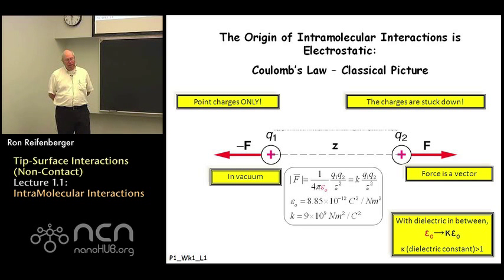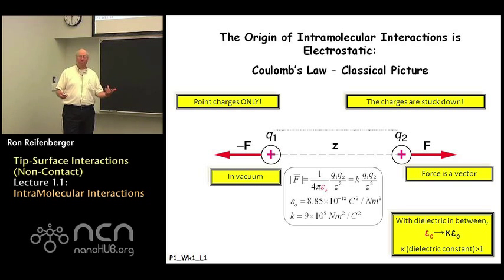These forces can be measured inside of a material or a medium which has a dielectric constant kappa. So if these 2 charges are embedded, let's say, in a liquid or in a solid, the interaction force that's experienced between the 2 charges is reduced by this parameter kappa.